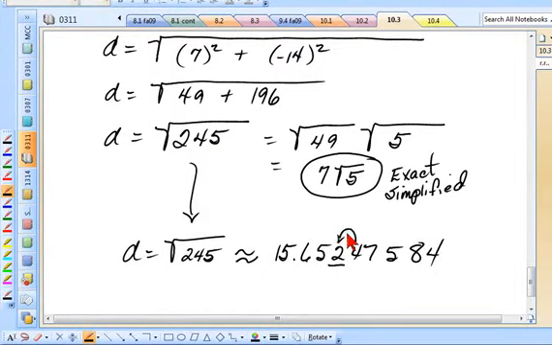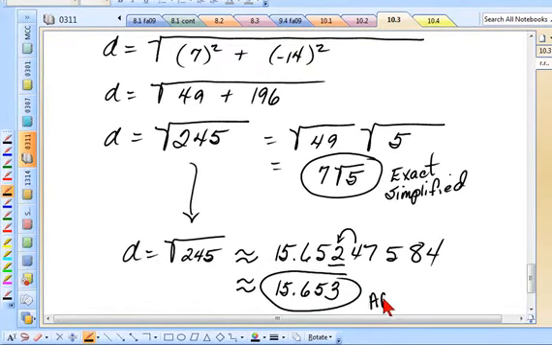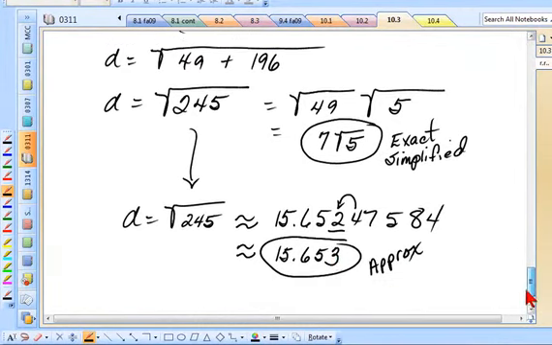The 4 says leave that as it is, so the second answer is 15.653. So this one is approximately. So on problems 12 and 13, you're going to simplify and leave as a radical for the first answer. You're going to get the decimal approximation round to 3 decimal places for your second answer.